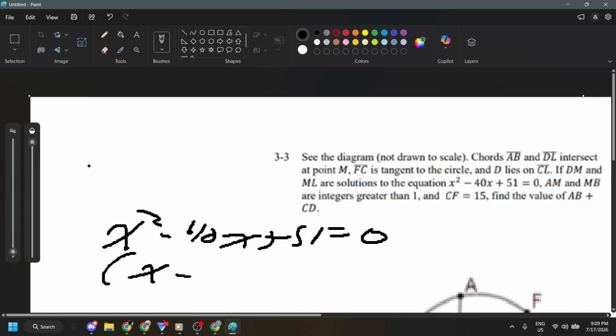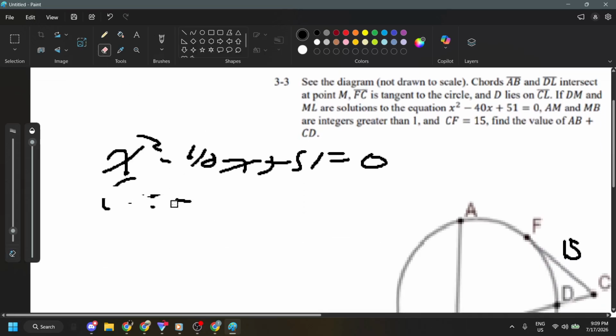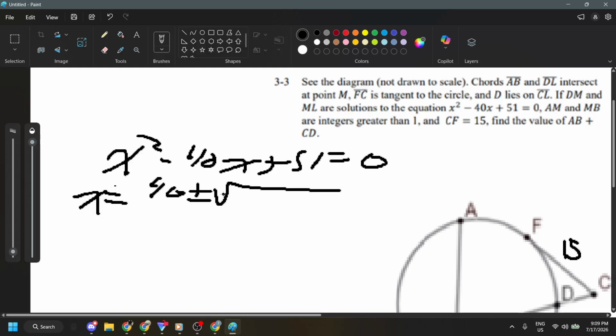But 3 and 17 don't add to 40, so I don't think it's going to be integer solutions. Shoot. x is equal to 40 plus or minus the square root of 40 squared minus 4 times 51, all over 2.